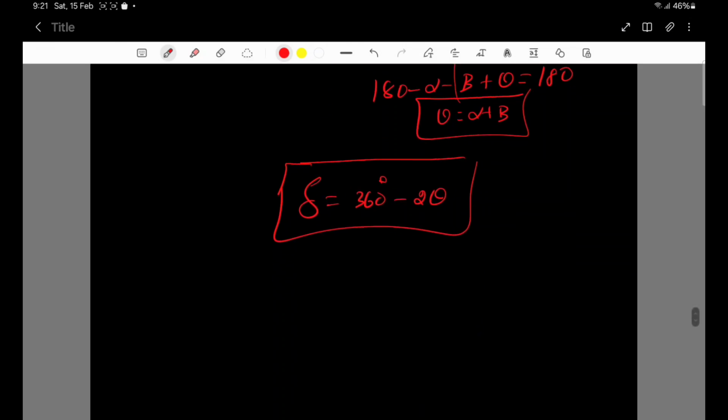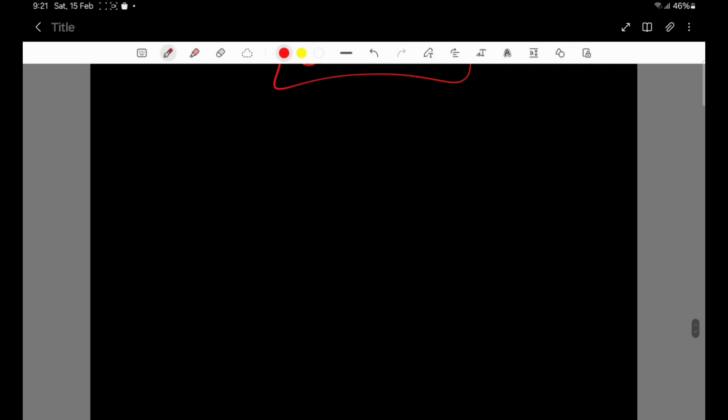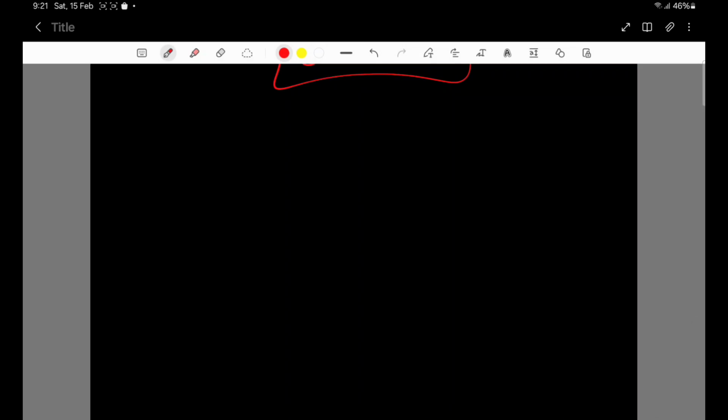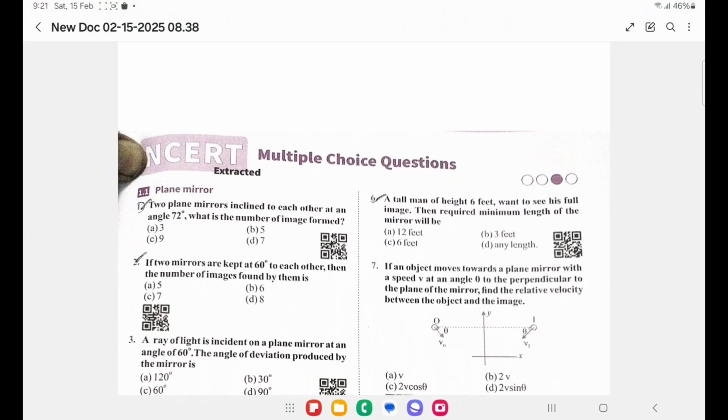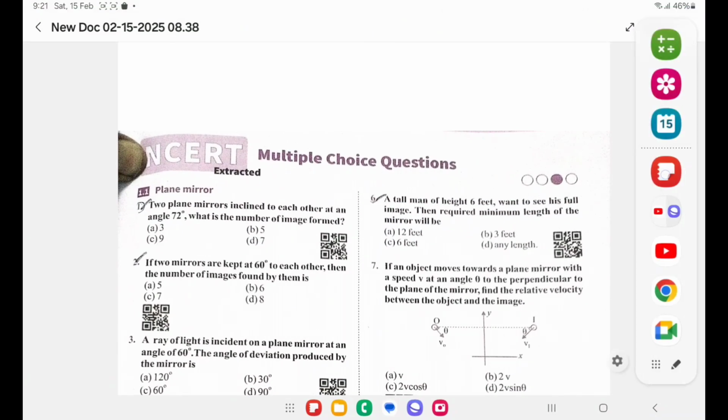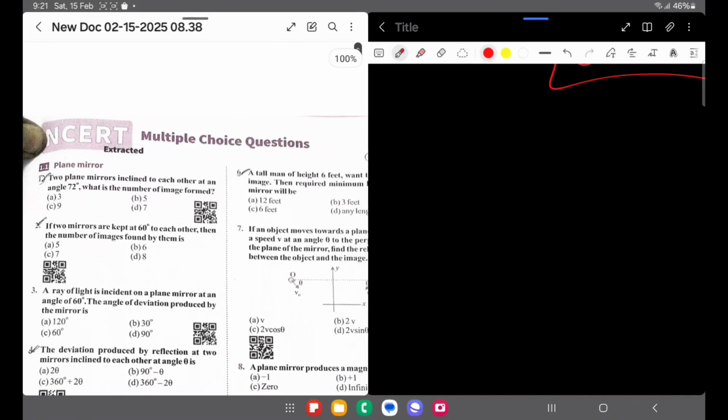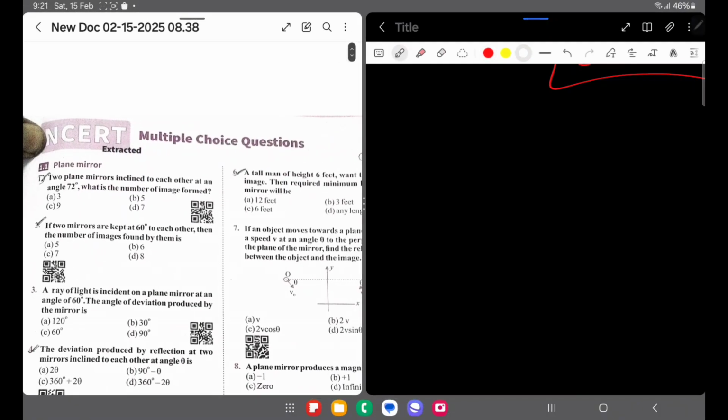Okay, now we can work out some problems based on these laws of reflection and the plane mirrors. Look into the first question now. Two plane mirrors are inclined to each other at an angle of 72.